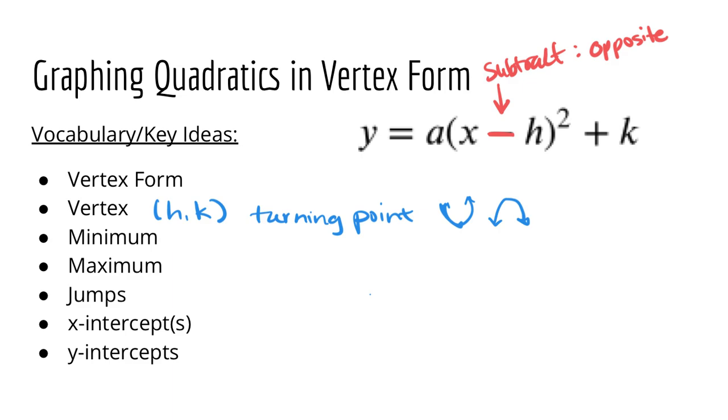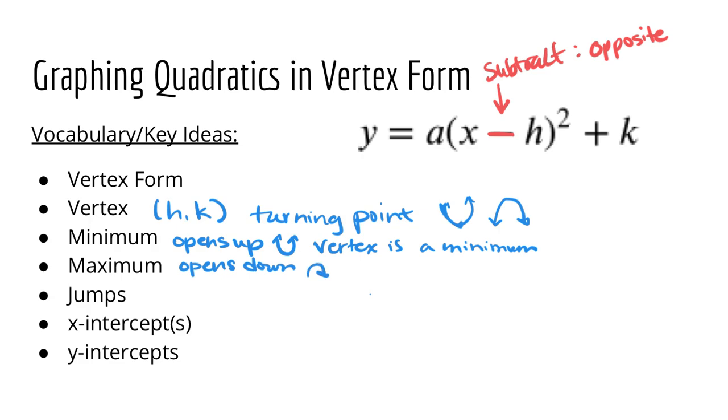You have a minimum if your graph opens up, like this. The vertex is a minimum. And if you have a graph that opens down, that looks like this, the vertex is a maximum.